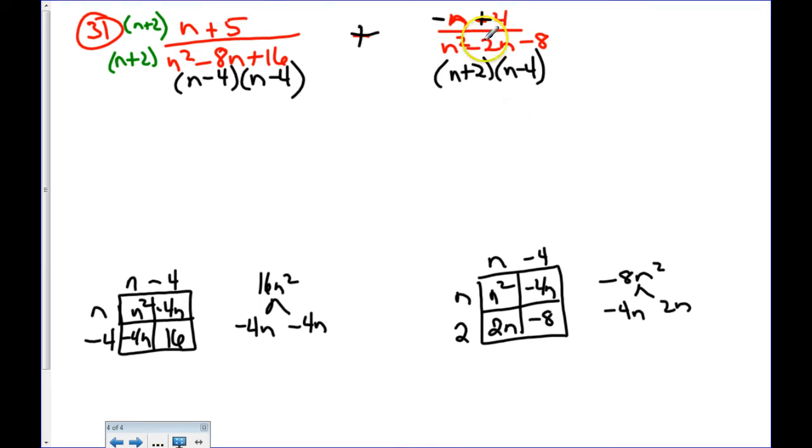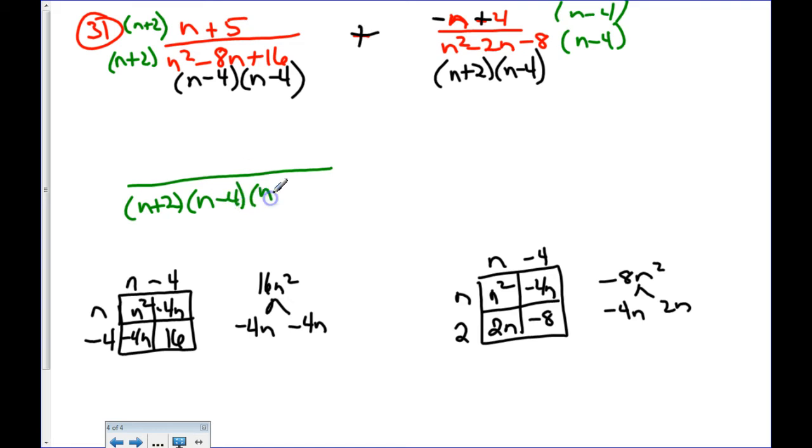An n minus 4, because the first has 2 of them and this one only has 1. So I need to multiply it by n minus 4 as well. All right, so now our common denominator is n plus 2, n minus 4, and n minus 4 for both terms.